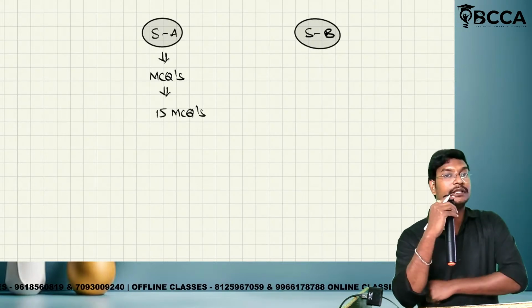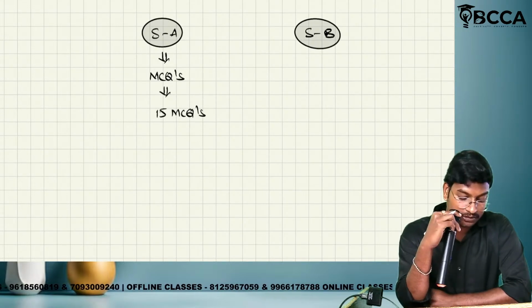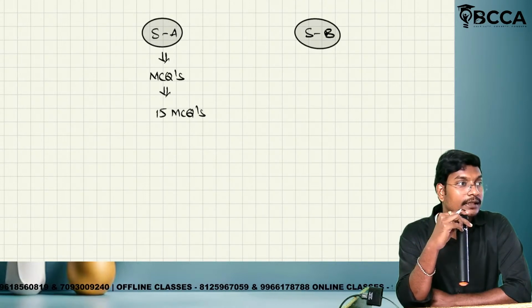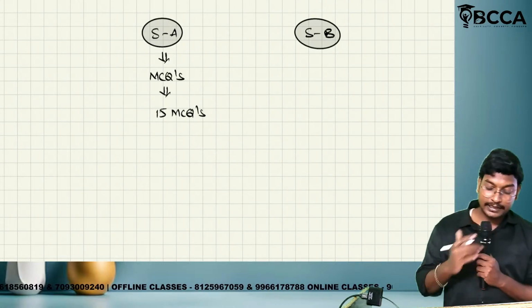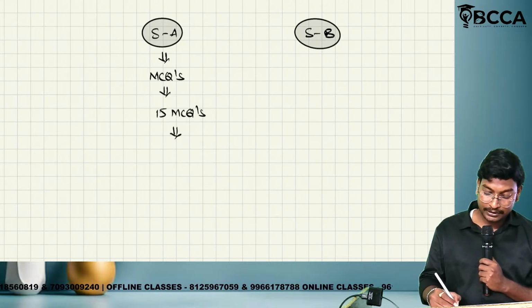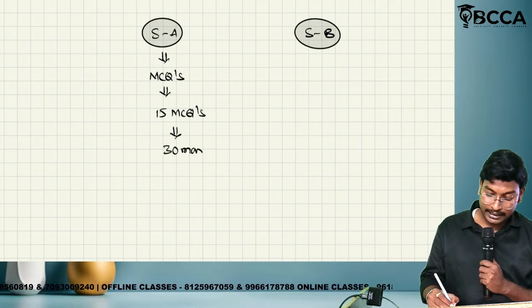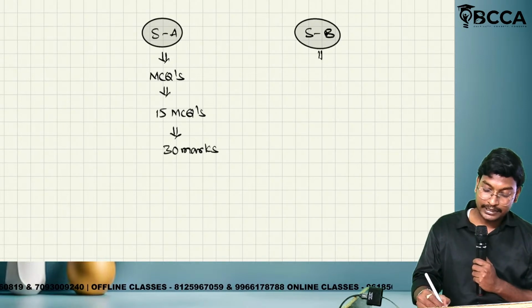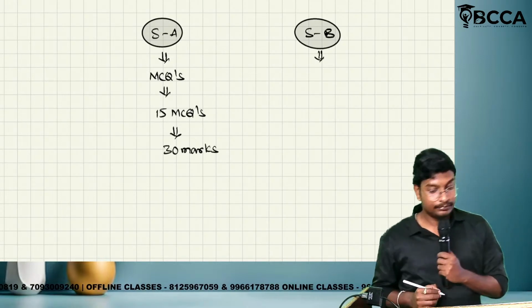What is the meaning of MCQ? Multiple choice questions. They will give 4 options. We have to select the correct option. Each one carries 2 marks. That means totally we have 30 marks. And the remaining 70 marks we have to get from section B.